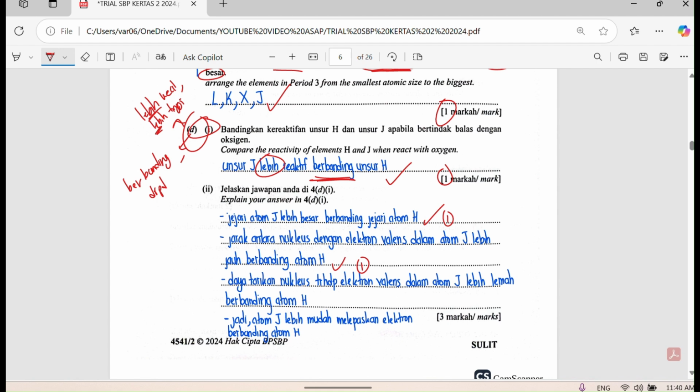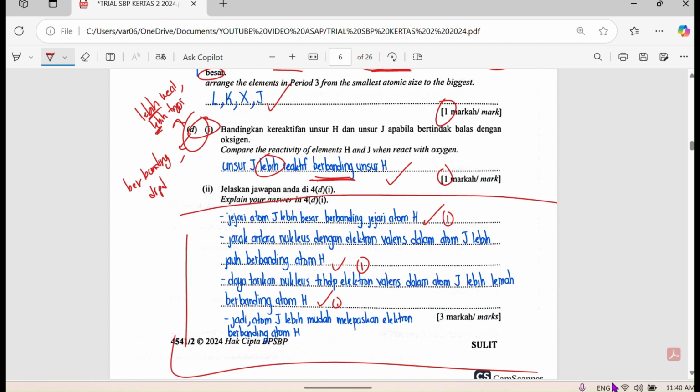Daya tarikan nukleus terhadap elektron valens dalam atom J lebih lemah berbanding atom H. Jadi atom J lebih mudah melepaskan elektron berbanding atom H. This is a complete sentence, complete answer, solid 3 marks.